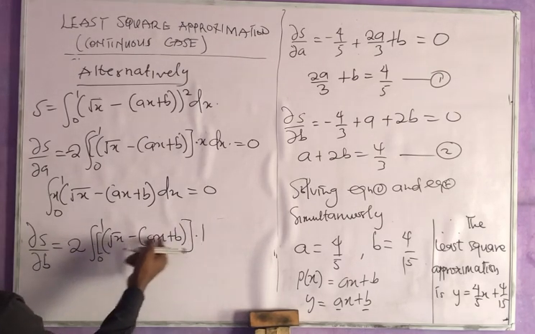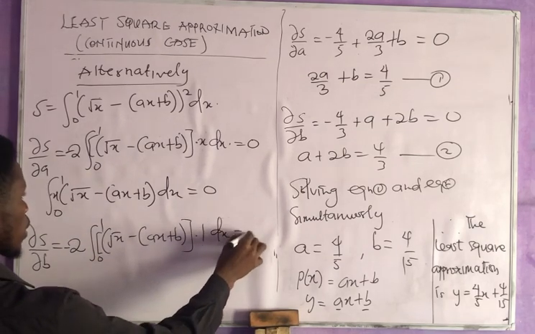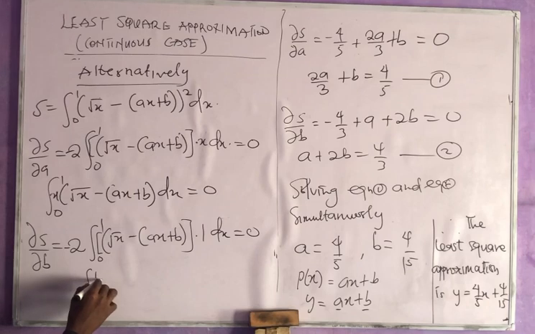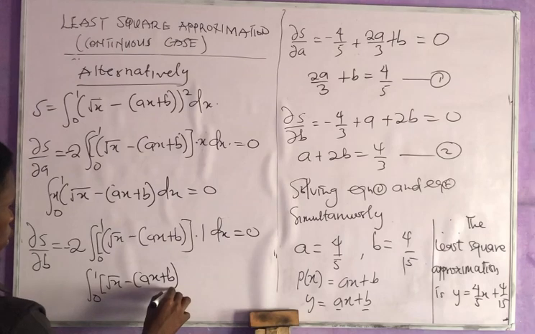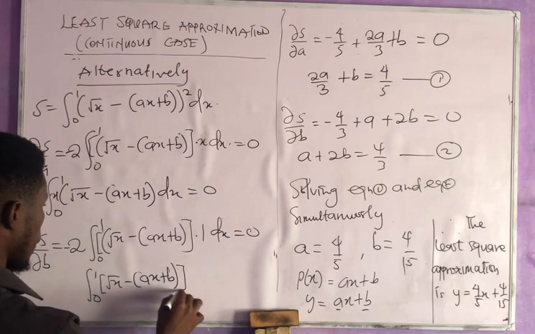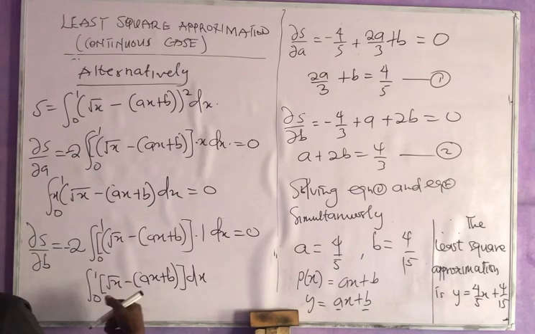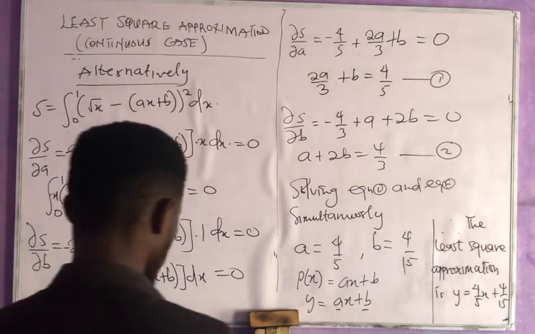But there will be a negative affecting this, so let me bring it in front of this dx. And this is 0. If I divide through by negative 2, then I'll have, from 0 to 1, root of x minus ax plus b dx, because if I bring it here, 1 times this will give us the same thing. It equals 0. So I have these two.